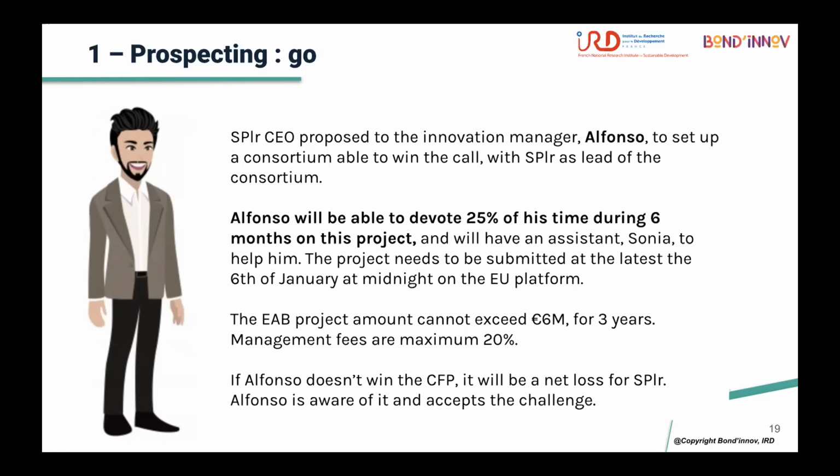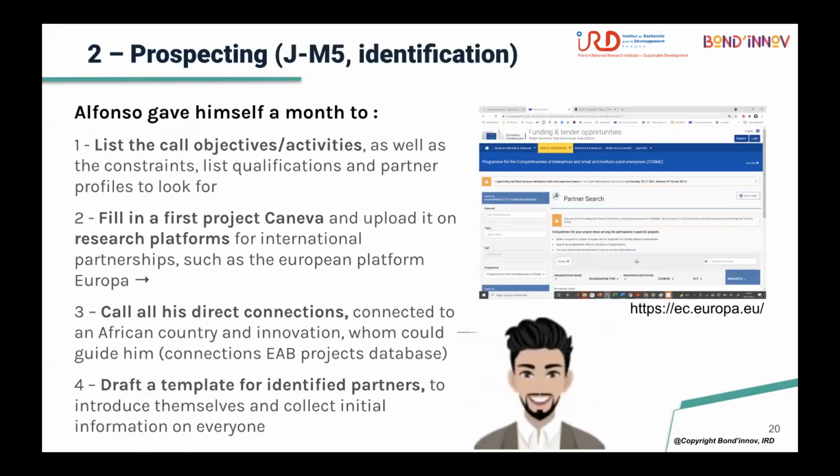So as you can guess, if Alfonso doesn't win the call, it will be a loss for Spire, having a staff member and an assistant for 6 months working on this kind of project and not being able to win it, will be very, very difficult. So Alfonso gave himself a month to prepare the consortium.